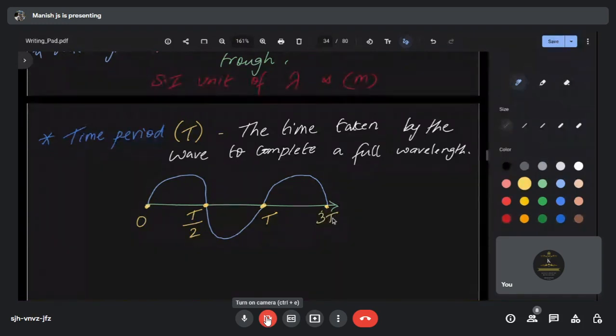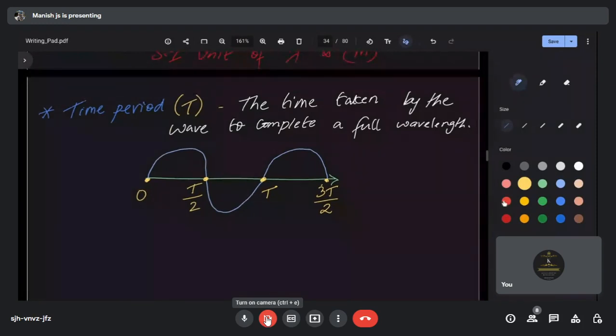You will get 3t by 2, isn't it? So it keeps going. Okay, so this is the time period. So one full time period is this from this point. For one wavelength என்ன time எடுத்துக்குதோ so அது வந்து one complete time period. This is one time period.